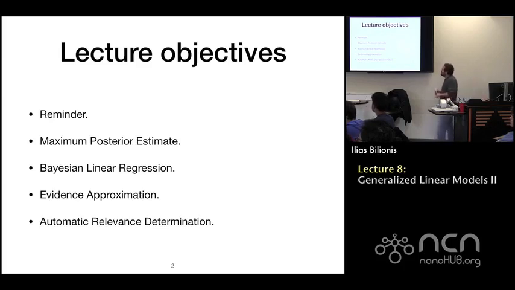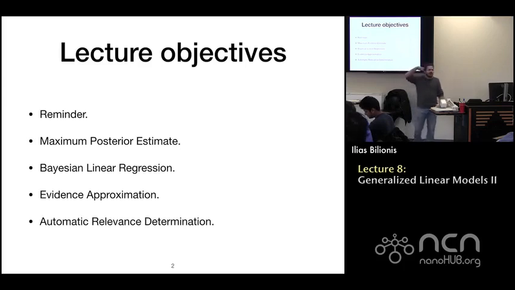And then we'll talk about a specific hierarchical Bayesian model called automatic relevance determination that will give us the ability to automatically decide which basis functions to include in regression. And again, we're going to see it through a very specific one-dimensional regression example, but all of these things are generalizable.